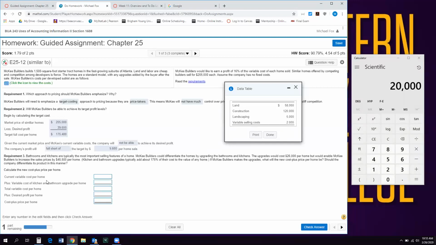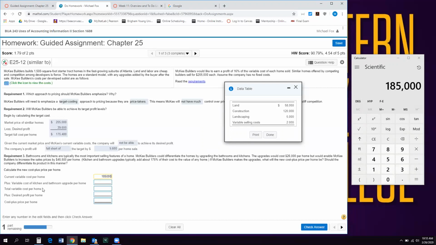All right, so our current variable costs for the home, which we figured out earlier, were, what was it? 185? I'll have to add them up again. 58,000 plus 120 plus 5,000 plus 2,000. So $185,000 is their current cost per home.